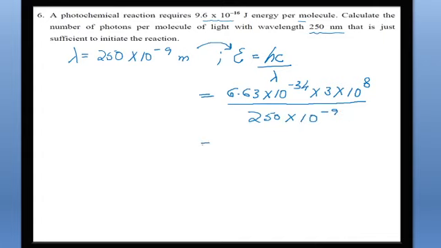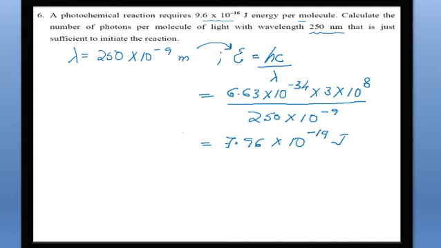Once you solve this, you will get somewhere around 7.96 into 10 to the power minus 19 joules.